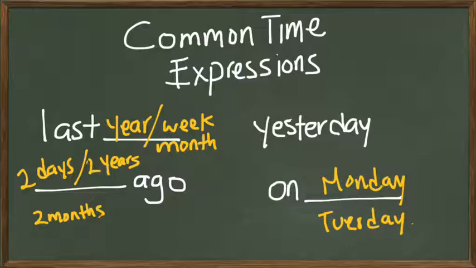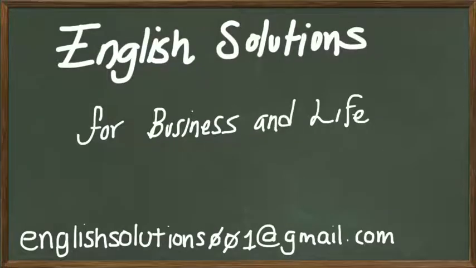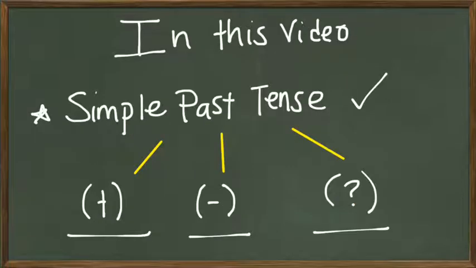Alright, now let's recap a little bit here. Don't forget that we covered Unit 7 for our elementary book. And we're looking at the grammar aspect here. We focused only on the simple past tense. We covered the affirmative, the negative, and the question form.